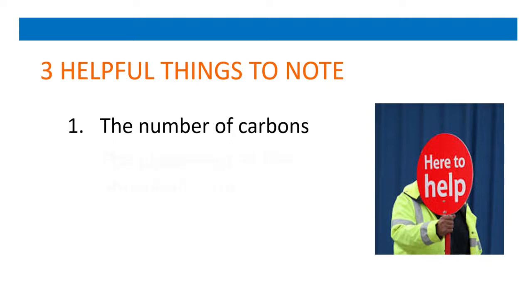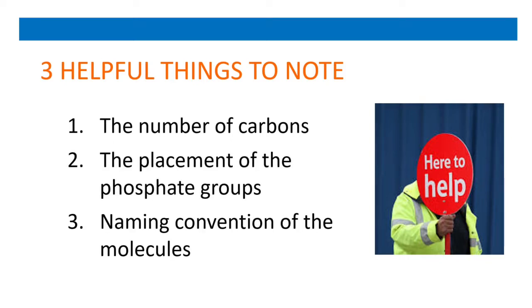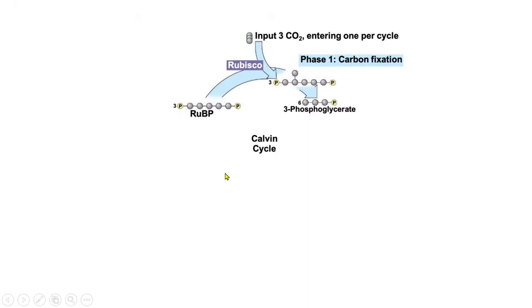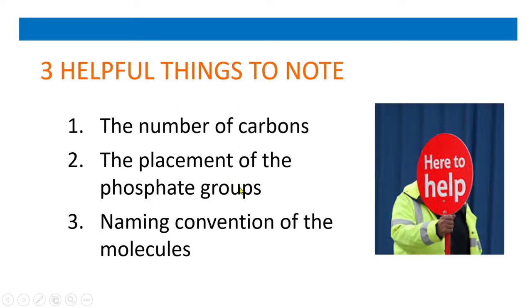Second, the placement of the phosphate group, so take note which particular carbon they are attached to. The naming convention will be based on the number of carbons and also on the placement of these phosphate groups. With all those helpful things, now let's go straight into the cycle.